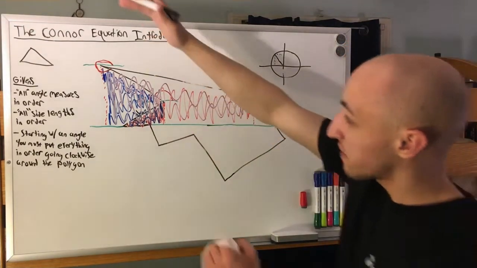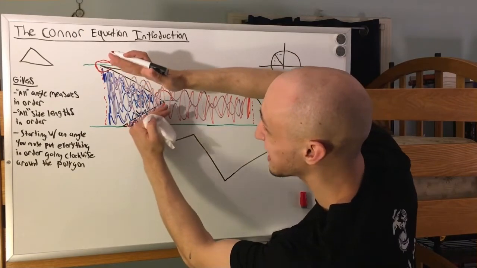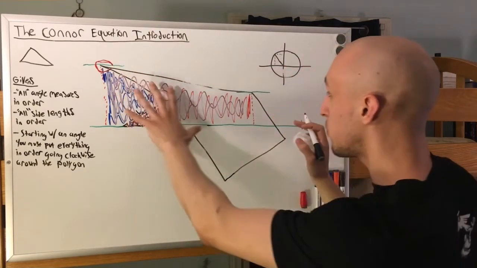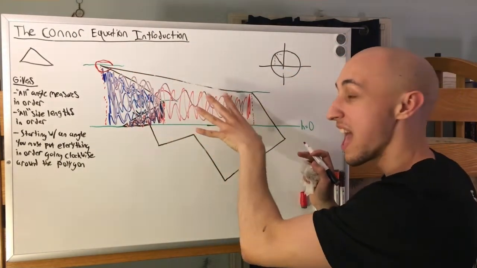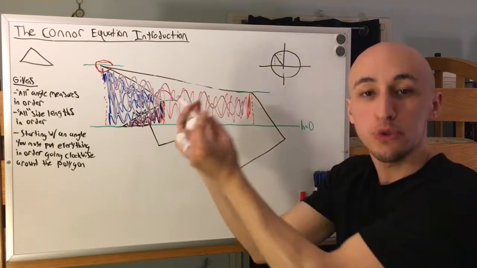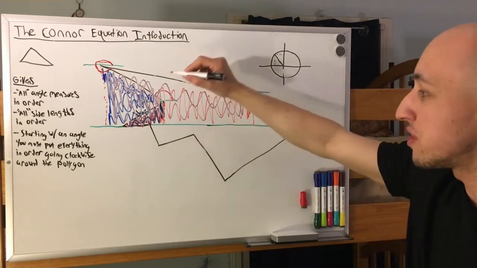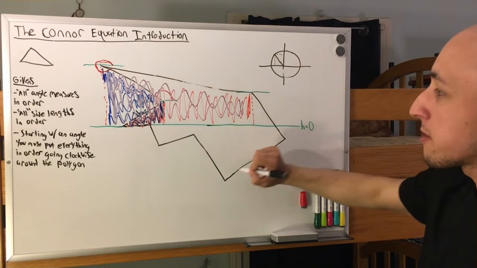So basically, we've cut out our perfect slice. We include the stuff we want, and we zero out the stuff we don't want. That is the idea behind the counter equation. We do this going all the way around the polygon.